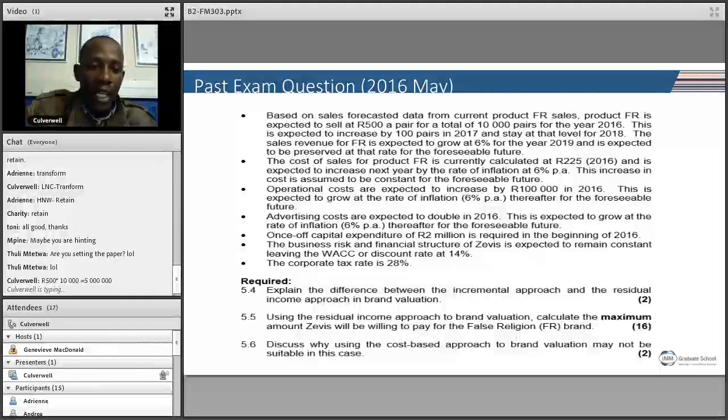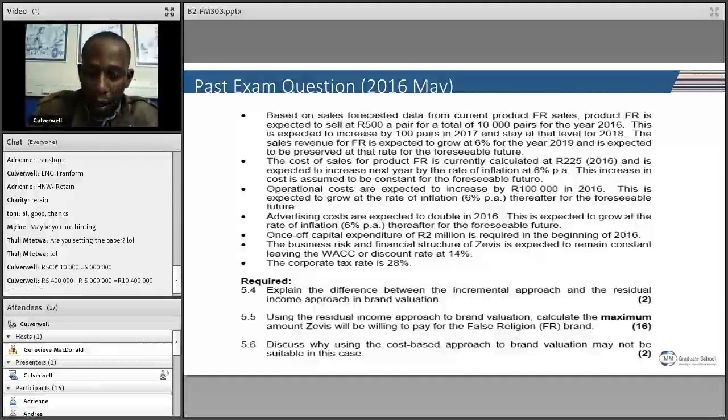I want to bring in now the total. Remember our sales revenue for Z in year 2016 was 5.4 million. So you then say 5.4 million plus the 5 million we are going to anticipate to get as revenue from product FR.